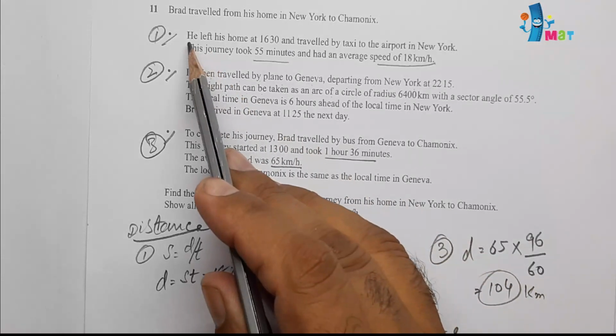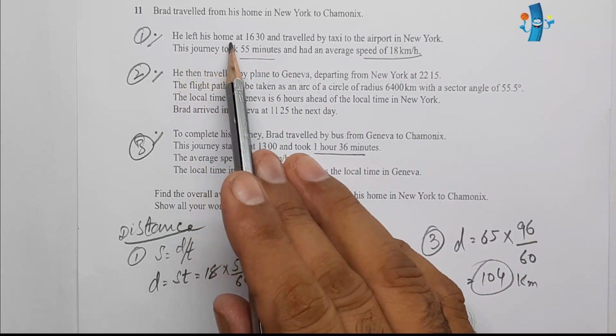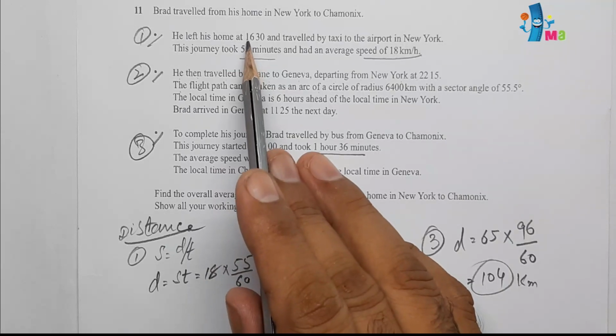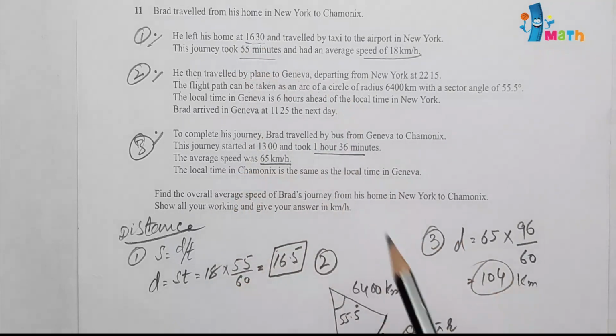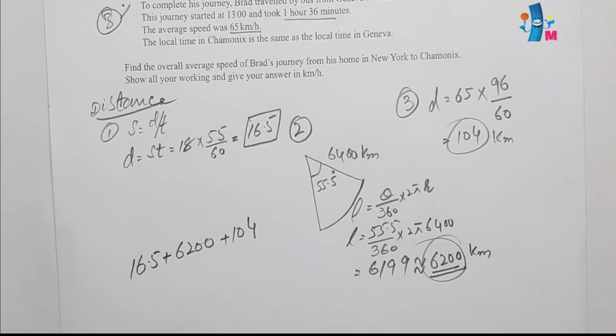Basically this is the first portion which we will go through. He left home at 16:30, so the journey started at 16:30. I will show you the timing from another page so that everything is clear to you.